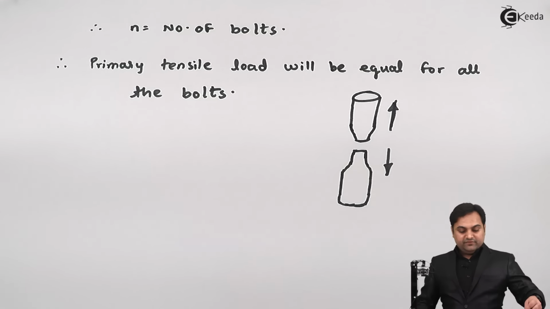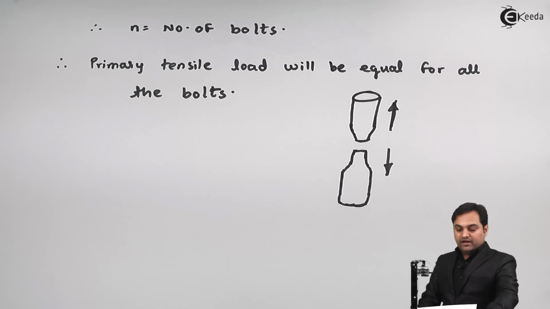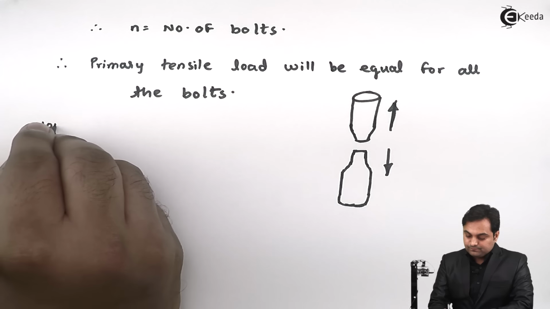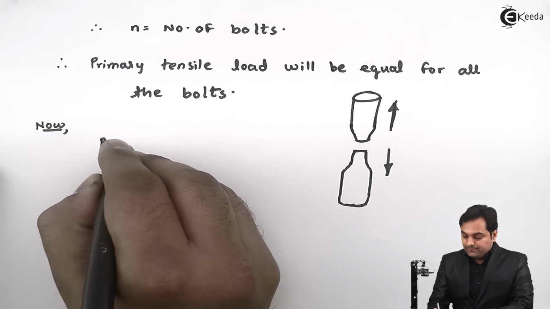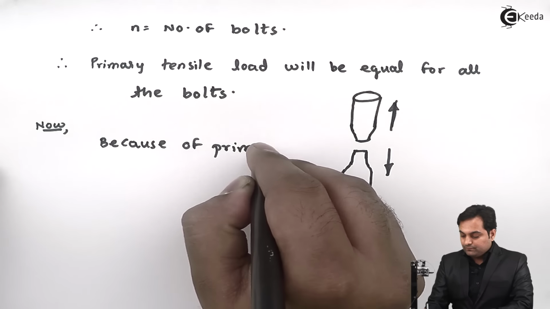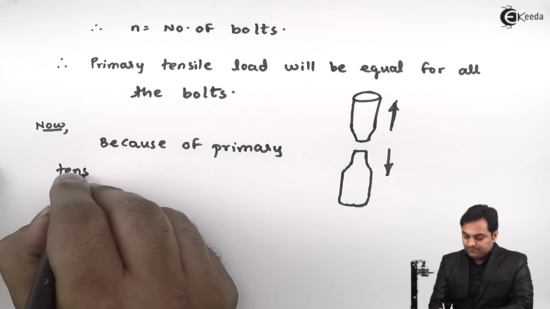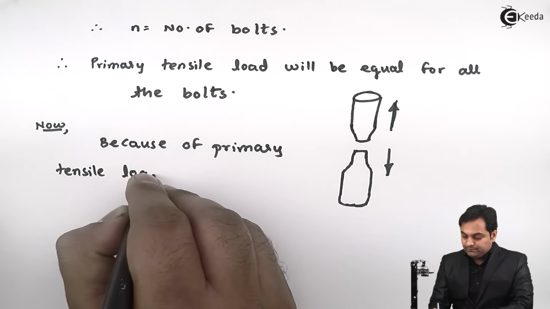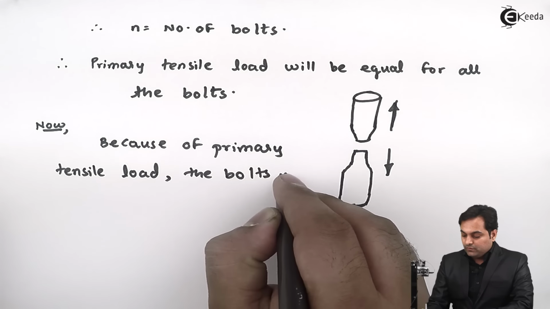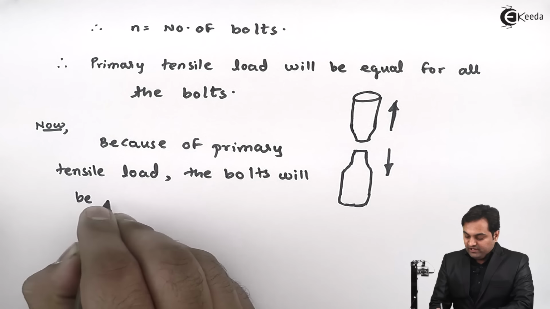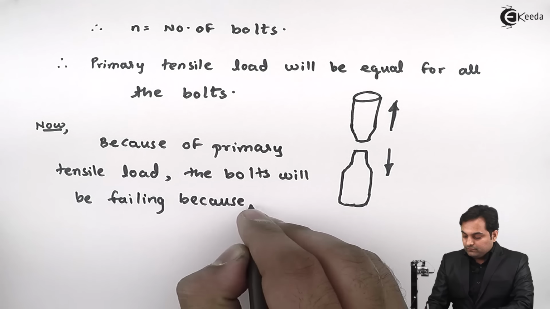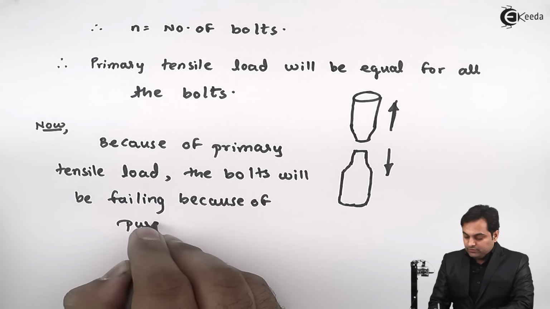Now when we have considered primary tensile load, because of primary tensile load, the bolts will be failing because of pure tension.